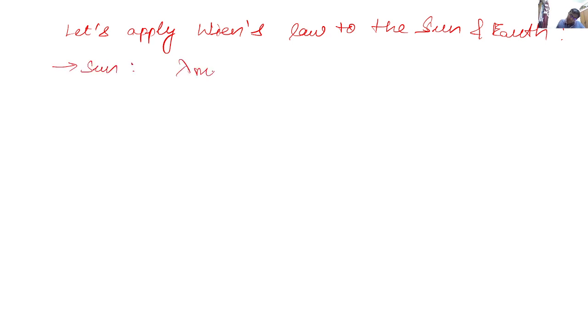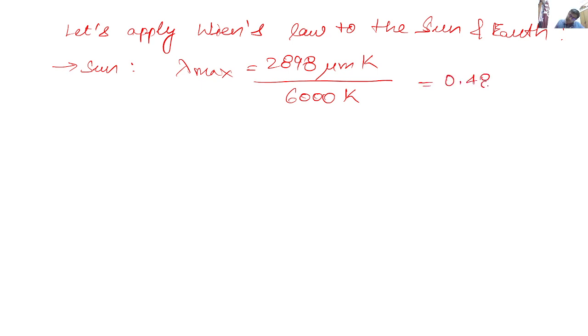The lambda max for that case would be 2898 micrometer Kelvin divided by the absolute temperature of the sun, which is around 6000 Kelvin, by the way. So it would come out to be 0.483 microns.